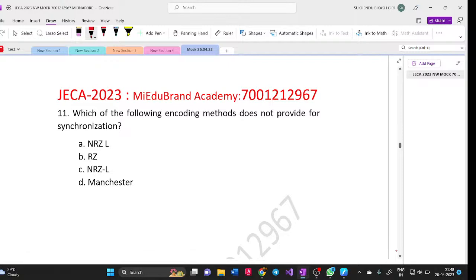Which of the following encoding methods does not provide synchronization? Answer it in the comment section very fast.